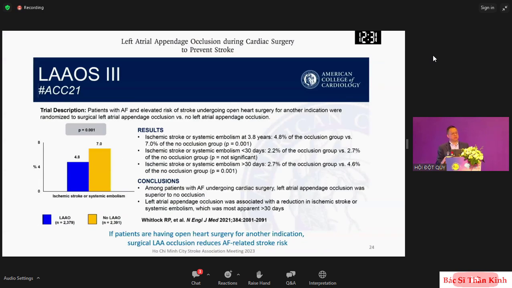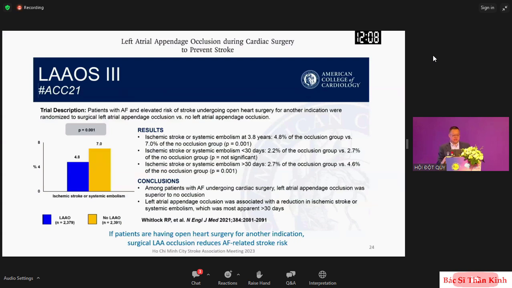So that's the data in very brief terms about occlusion from the inside of the heart. But the left atrial appendage can also be secured from the outside. It can be excluded, although in this study they called it occlusion. This is the trial looking at when the surgeon is doing cardiac surgery for other reasons, should they also oversew or otherwise secure the left atrial appendage?